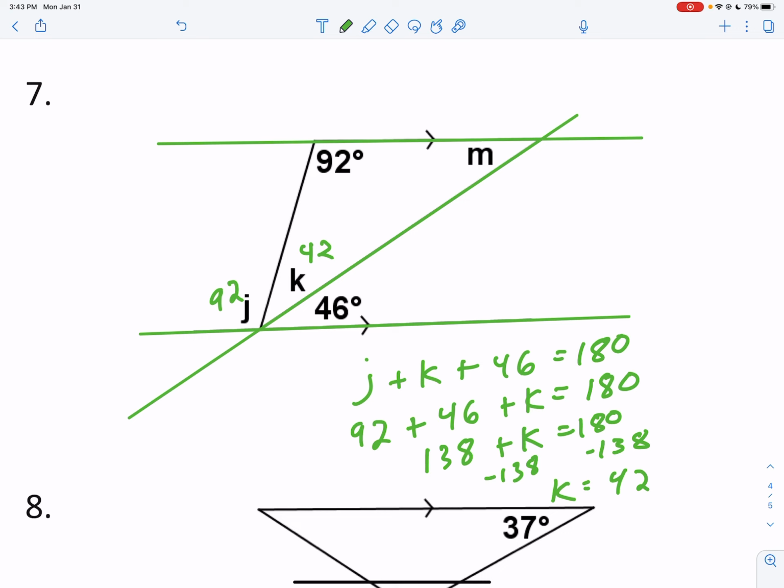Now let's look at that transversal. This one's easy. It is an alternate interior angle to M, to 46. So we're done.